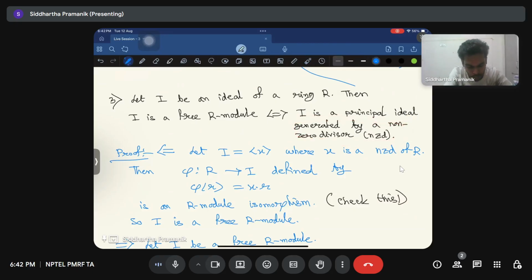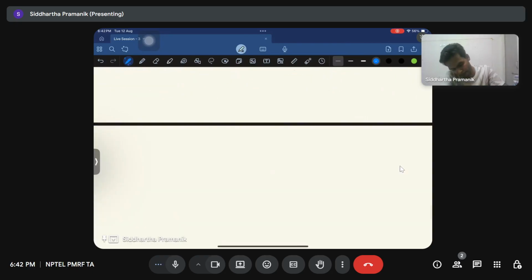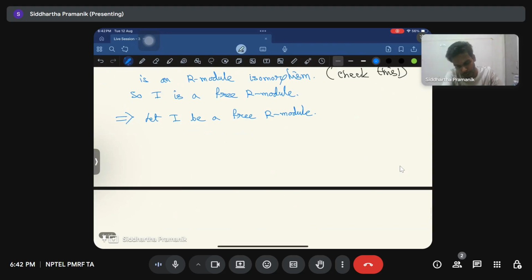So let's prove that it is a principal ideal first. So we will use contradiction. So suppose I is not a principal ideal. So every generating set of I must contain at least two elements.